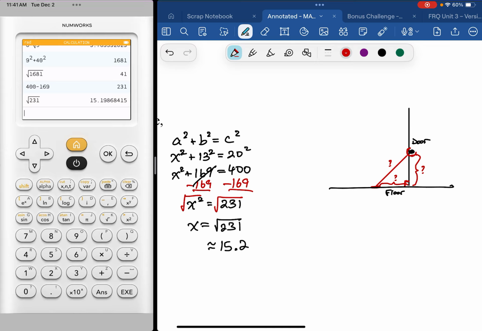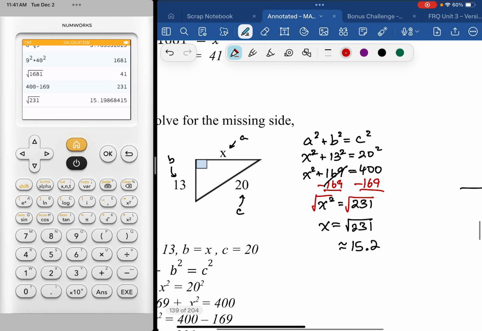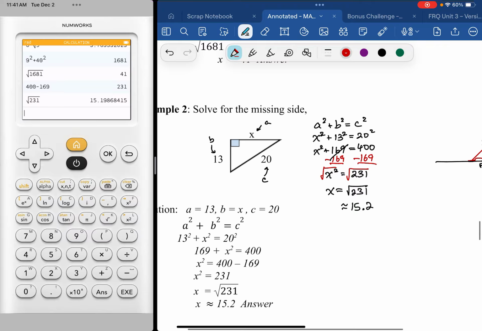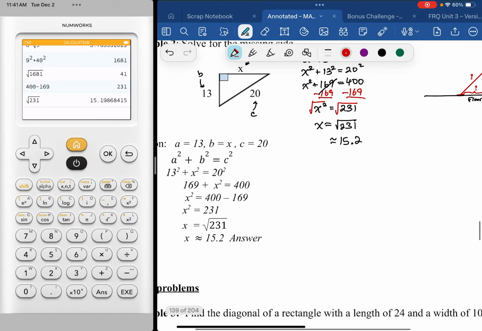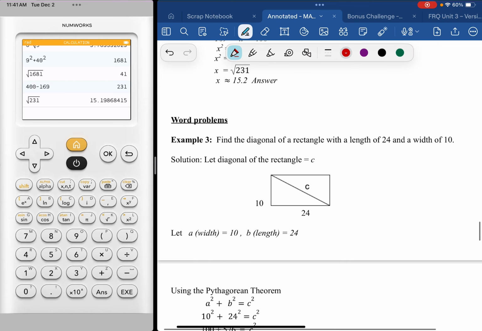If I said that I have a distance that needs to be traveled of 20 inches, how far up the wall would I have to go, or how far out could I go? And I'm just looking for a ballpark estimate. Radical 231 wouldn't really fit in that context. So in real life, we tend to sacrifice a little bit of accuracy because in many cases an estimate works.